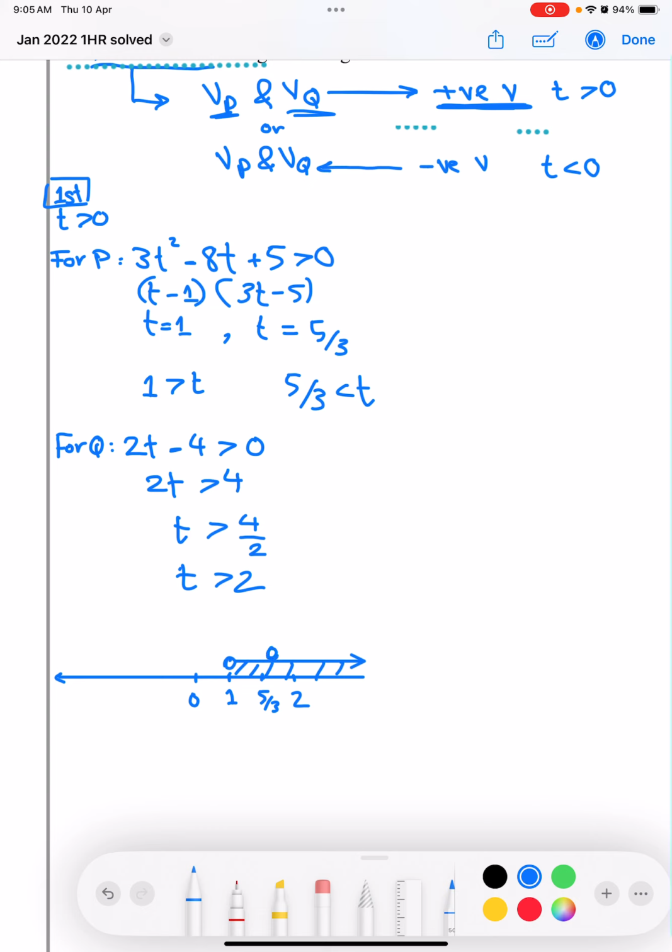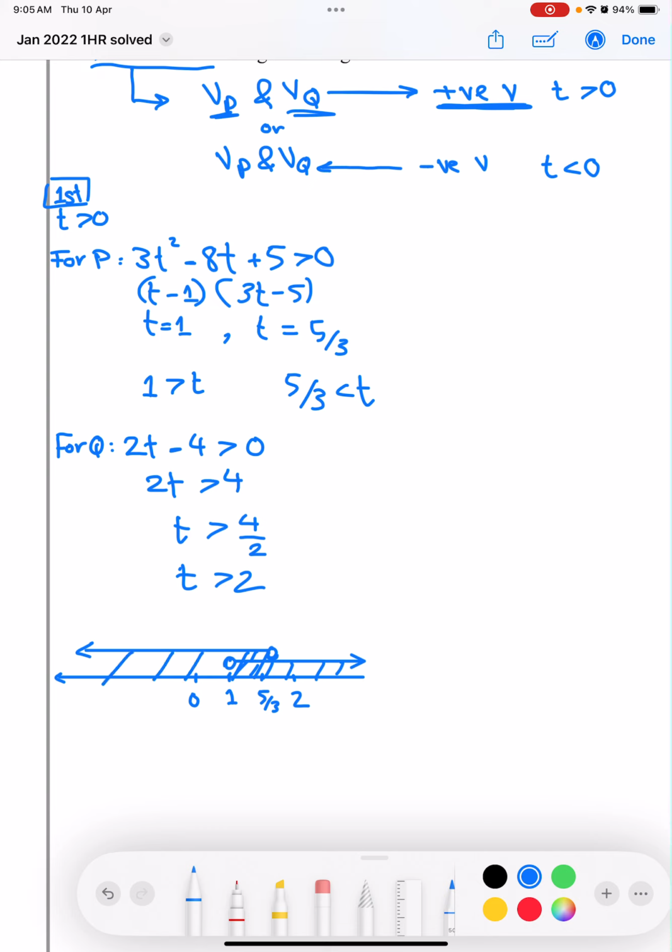T less than 5/3. I have 5/3 here, so I'm going to shade this part.